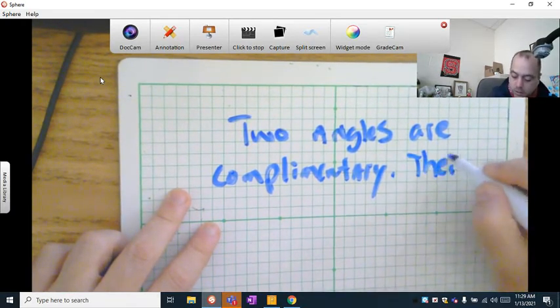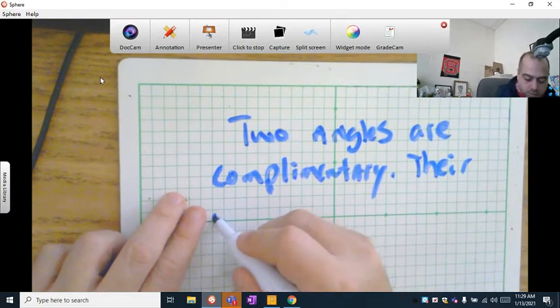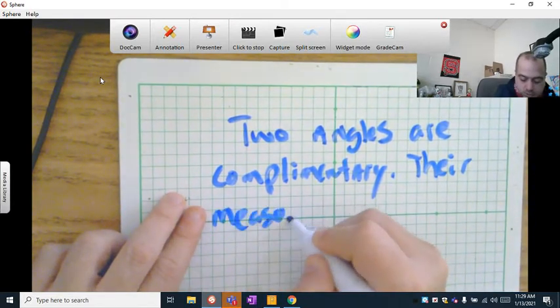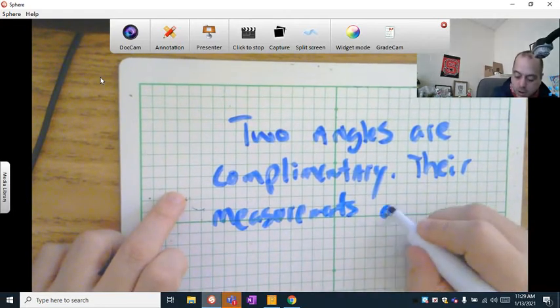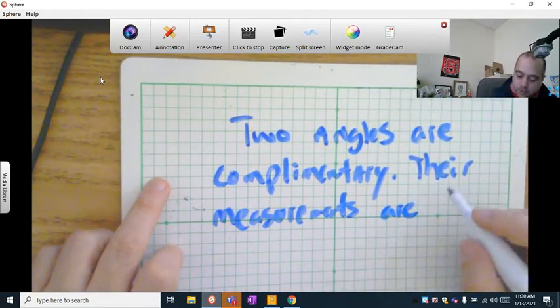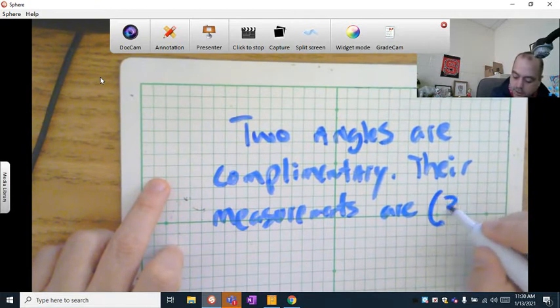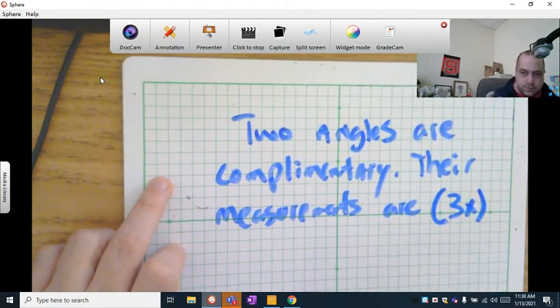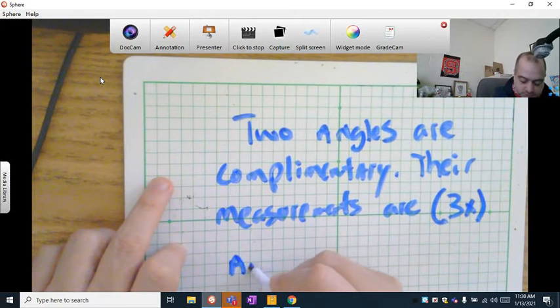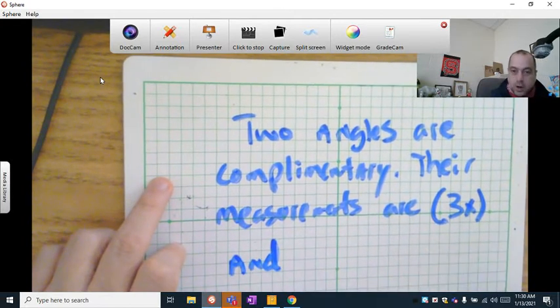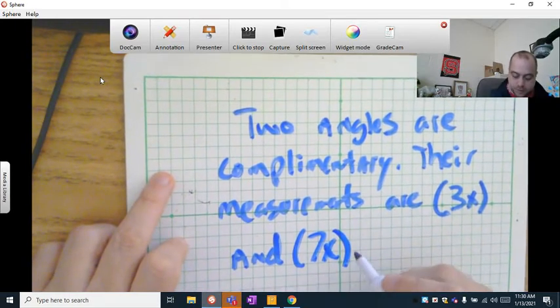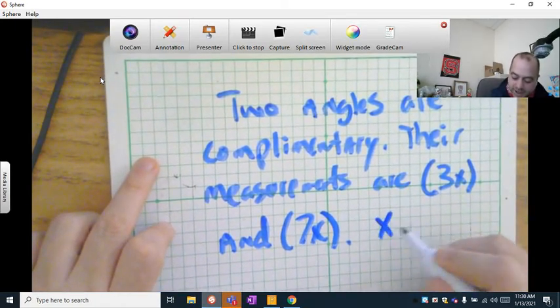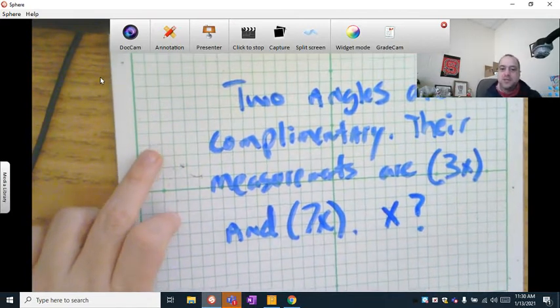Their measurements are 3x. The first one's 3x, and the second one is 7x. What is the value of x? How much is x worth?